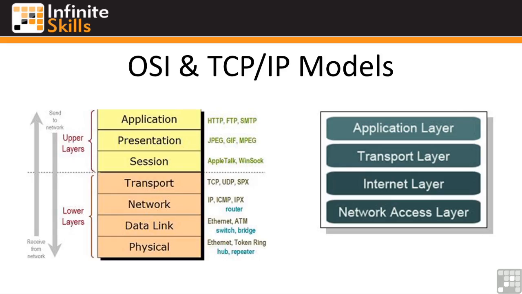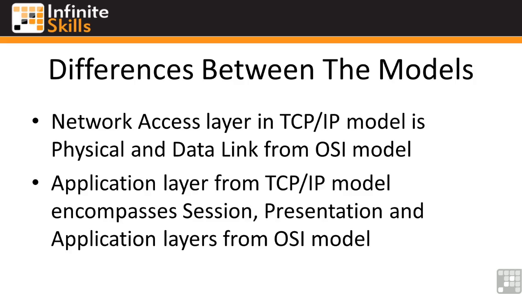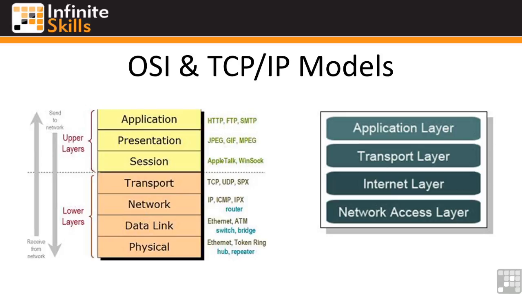So I'm going to flip back here, and you can see on the left the data link and the physical layer at the bottom of the OSI model, and that really maps to the network access layer on the TCP/IP model. And the application layer from the TCP/IP model encompasses the session, presentation, and application layers from the OSI model. So you can see on the TCP/IP model on the right-hand side, there's the application layer.